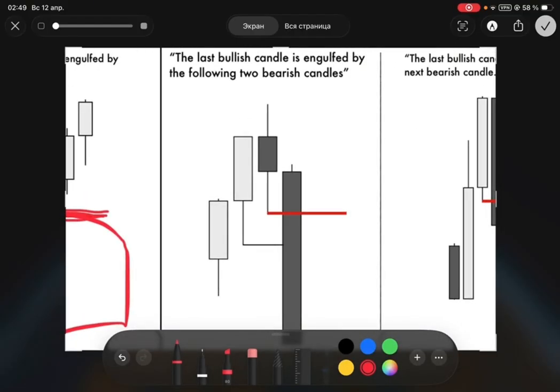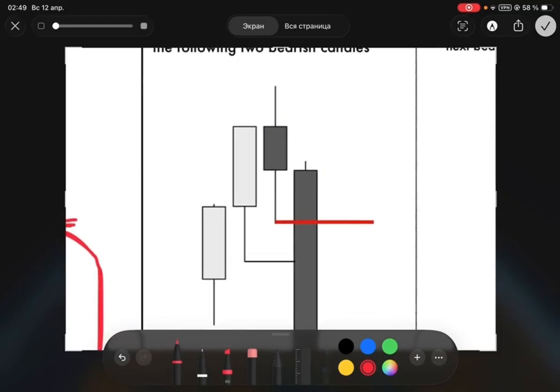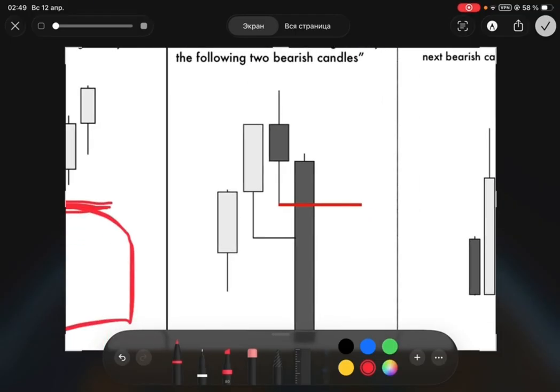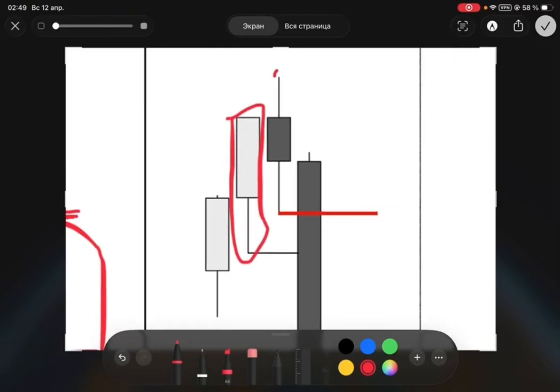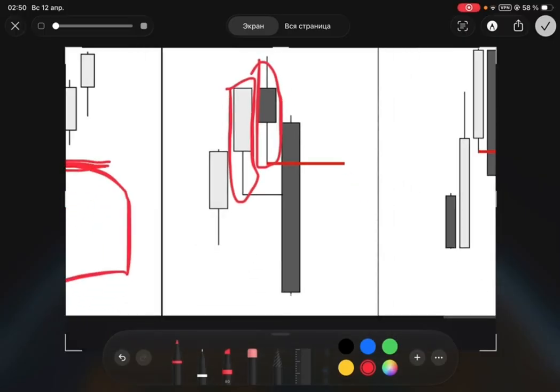If the next bearish candles close the last bullish candle with their bodies, it is only after they close with their bodies that another order block will be formed for us. The first one is not an order block. The first zone is a bullish candle, and then the next bearish candle, and the second bearish candle.